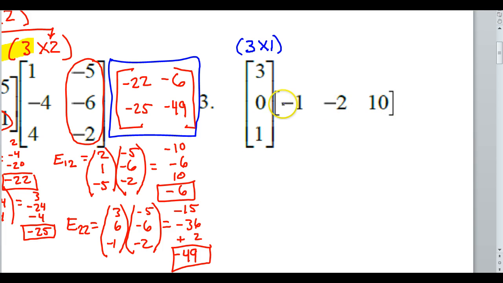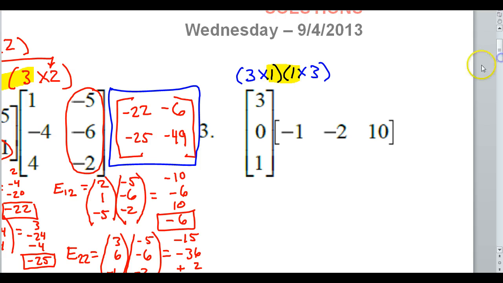The next matrix is a 1 by 3, because it's got 1 row and 3 columns. This is going to be doable because the inner dimensions are the same. And the final answer will have the shape 3 by 3 because of the outer dimensions.